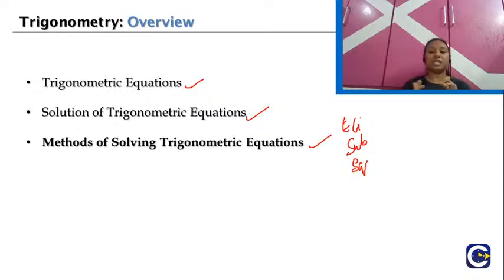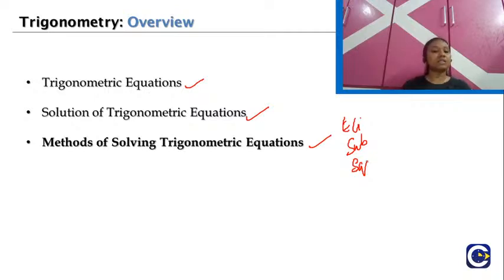For linear equations, we have only two variables, x and y, with some standard coefficients. But that's not the case with trigonometric equations, because here we have angles, which will be different from each other, and different trigonometric ratios. So trigonometric equations will obviously be different from linear equations.